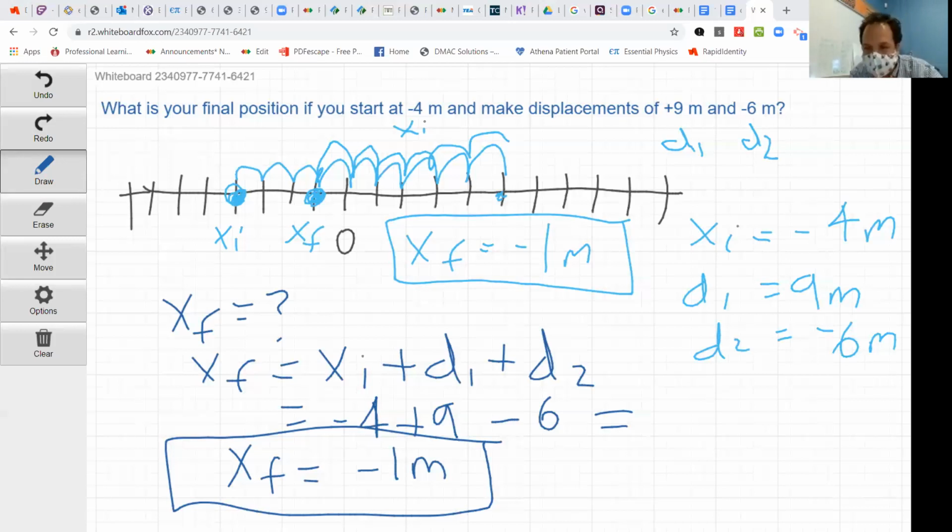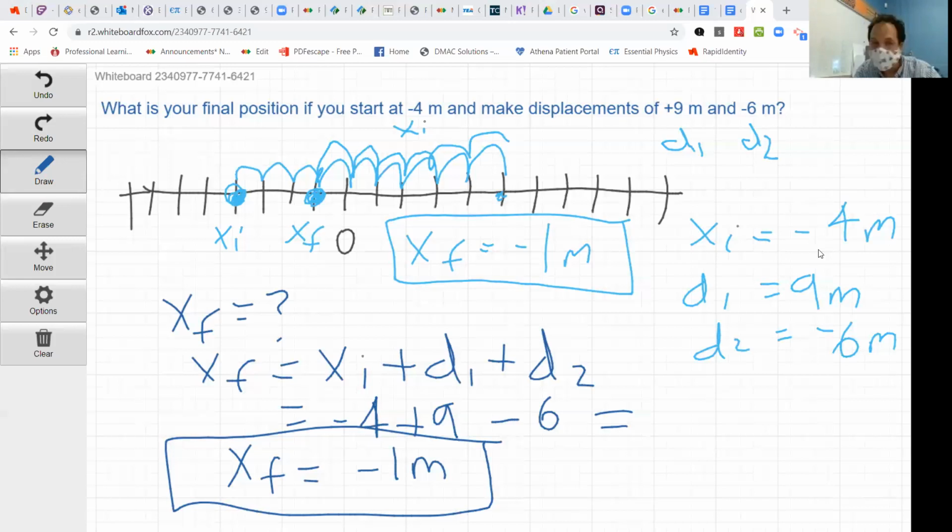All right, well, there's another way to do these. Let's look at the textbook.